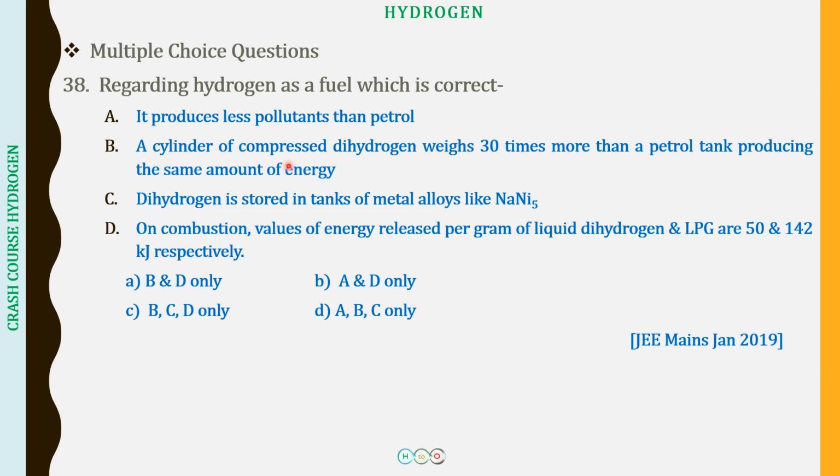So a cylinder of compressed dihydrogen, this is a correct statement, that is weighs 30 times more than a petrol tank, which is going to give us the same amount of energy. So this means that transportation and storage of hydrogen is going to be a big problem for us, right? So this makes it a deterrent to use at the present moment hydrogen as a fuel.